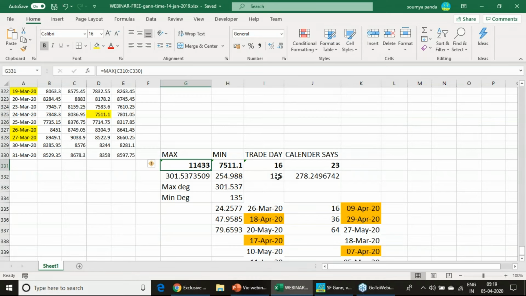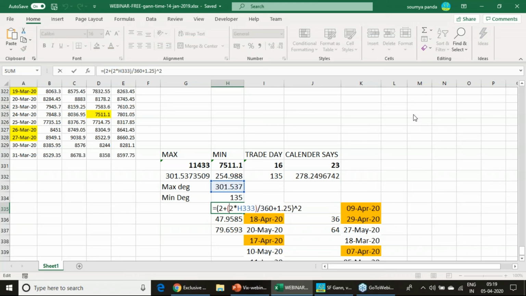For the 135-degree trend line, we want three numbers. For that, there is a second formula which comes into picture. This is the formula to find out the numbers in the trend line. So 2 multiplied with n, n represents 1, 2, 3, 4 like that.